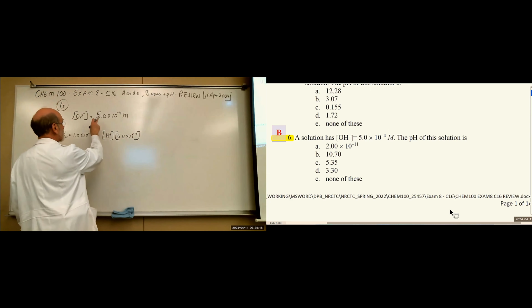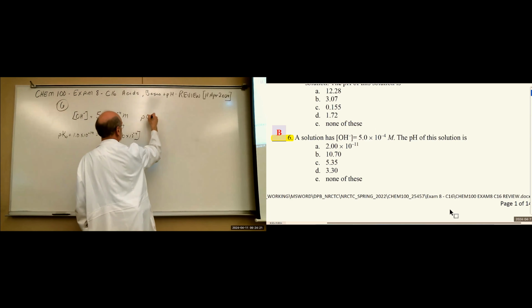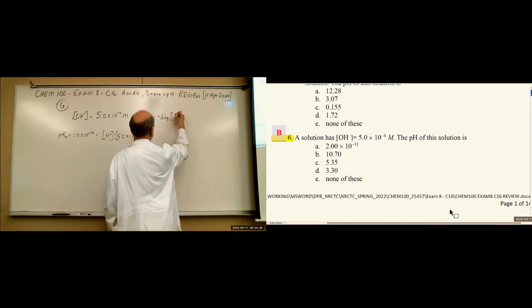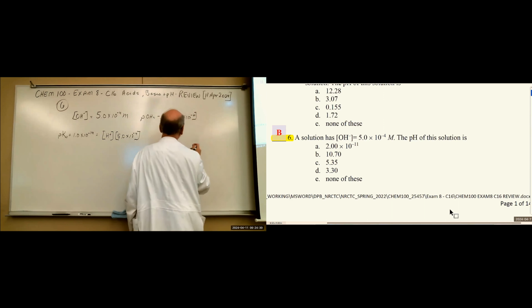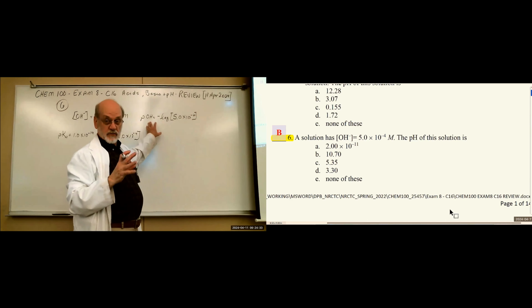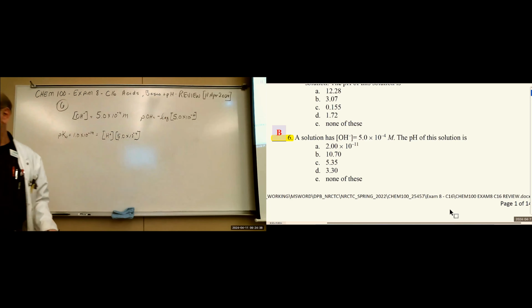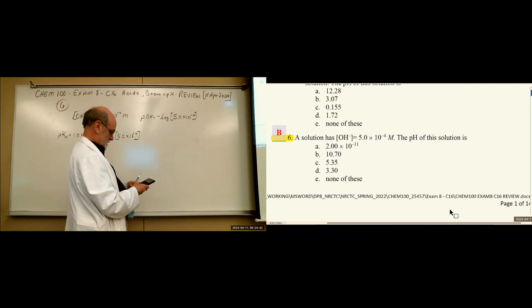Or we can take this one and say pOH equals negative log of 5 times 10 to the minus 4. Then once we get that value, subtract it from 14. I like this way better. So let's say 5, 4, okay, take the log of that, change the sign. So I have two significant figures.